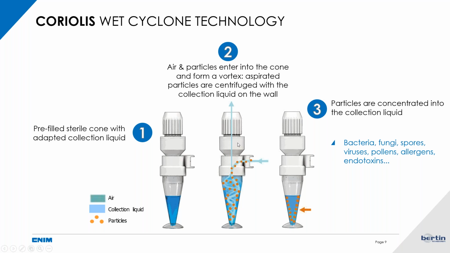Then when you start the instrument, an airflow is applied, and you have a vortex which is formed inside the cone, and all the particles are centrifuged with the collection liquid on the wall. It then allows the particles to be collected and trapped inside the liquid. So when you stop the collection, all the bacteria or viruses are collected in the liquid.